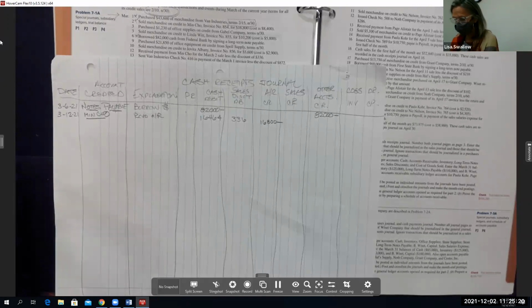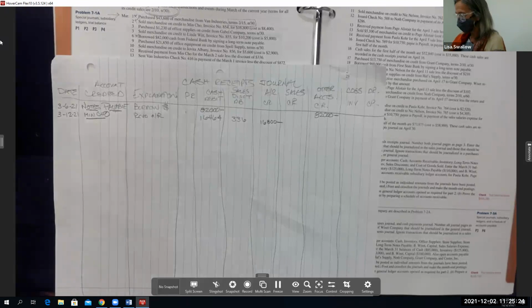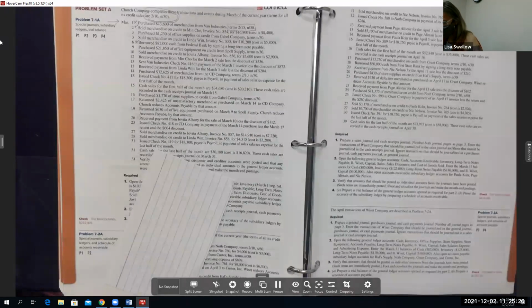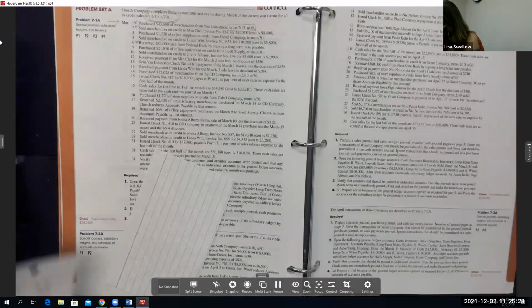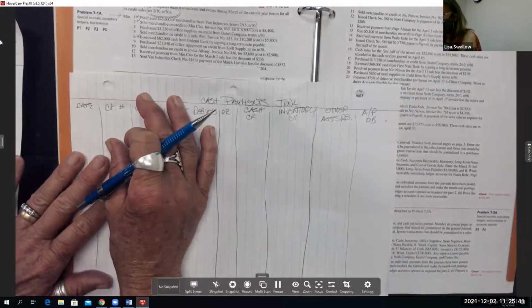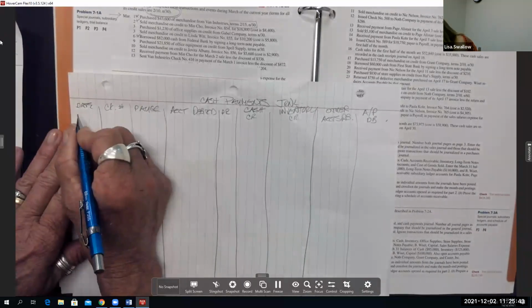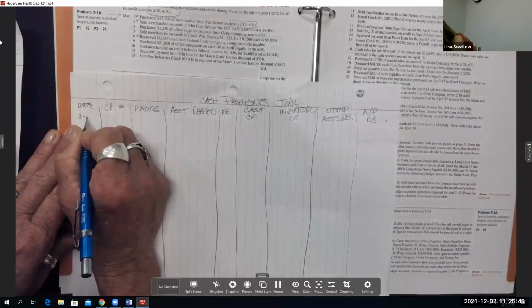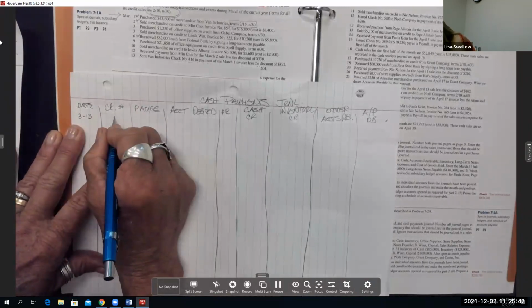So with that in mind, let's go get our cash payments journal and see if we can record this payment on the 13th. Is this our first one in the payments journal? Yeah, okay. 313. Check 460.